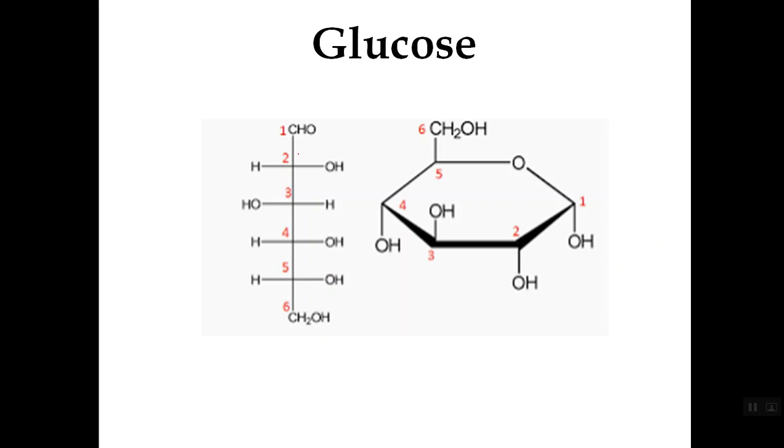This is the Haworth projection structure of glucose, where all the functional groups which are towards the right side in the Fischer projection are placed towards the downward position of the Haworth ring structure.